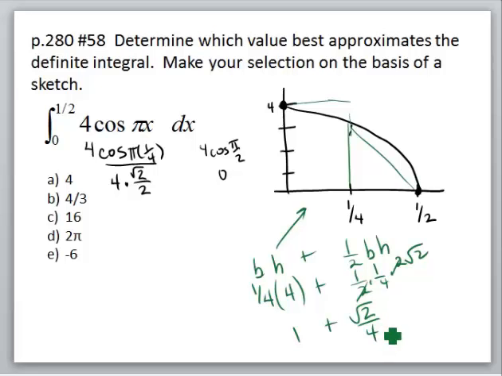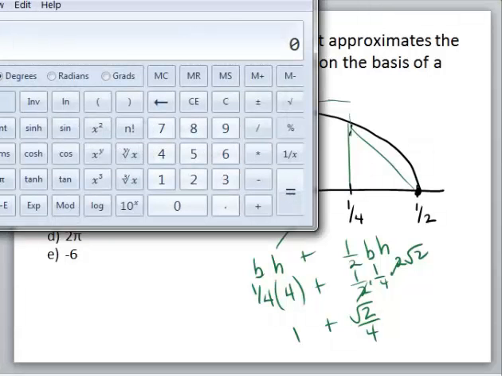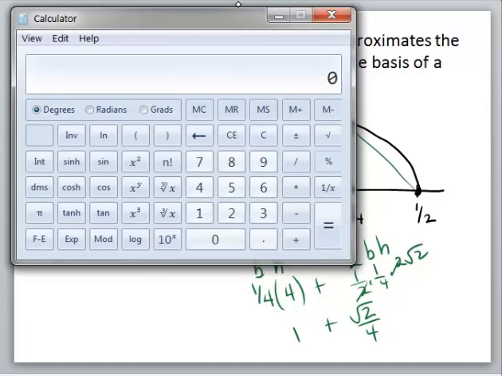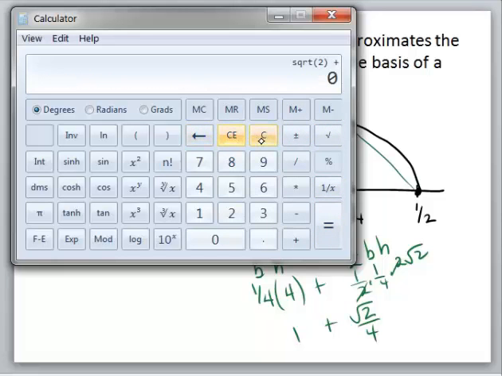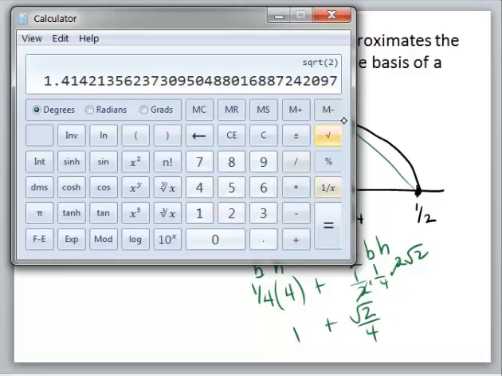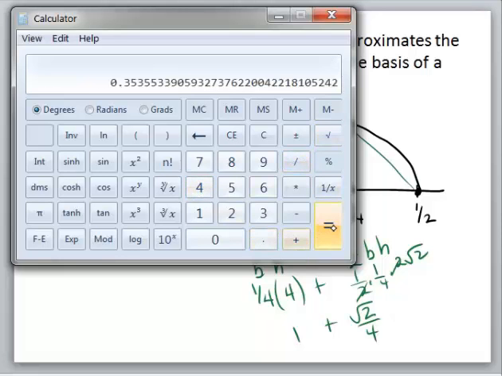Well, I need to bring out my calculator in order to figure out what the square root of 2 over 4 is. So let's go ahead and do that. Let me try that again. 2 square root of 2 divided by 4 equals about 0.35.